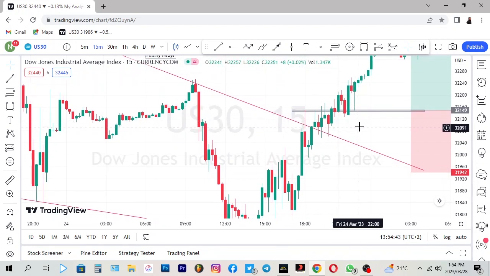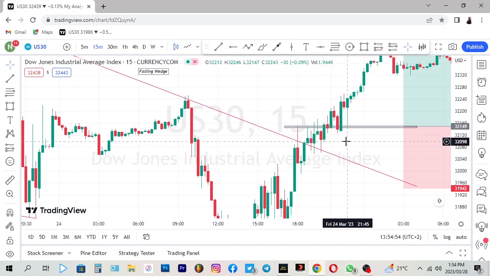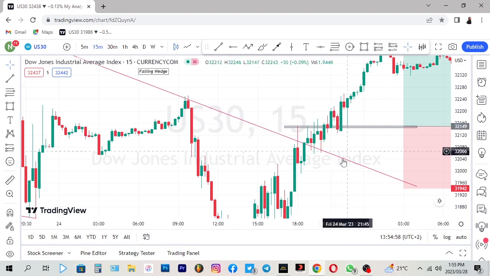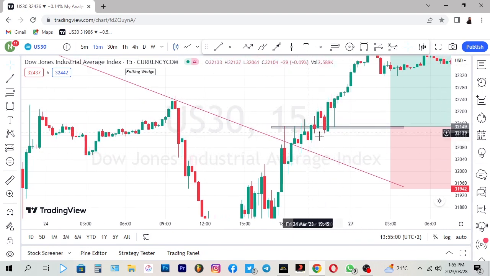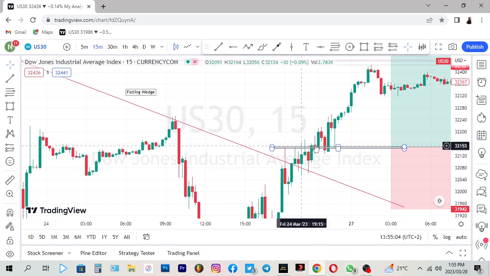For this strategy to work, we need to see some rejection, some reaction. The market has to act as if it's respecting this area, then come back and break it, or something has to happen here. So we can see the market respected this area, did a reaction here, then broke out and retested.